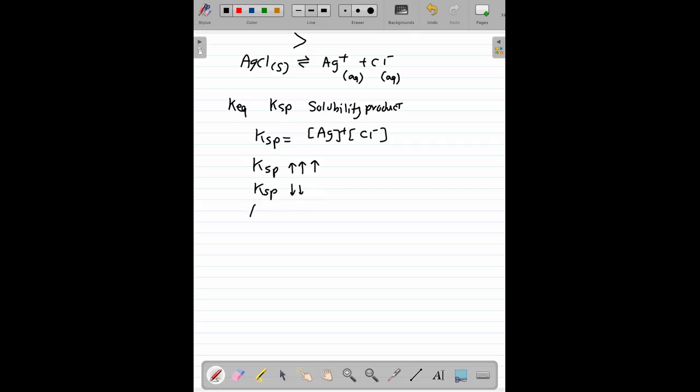When a solid gives ions in a ratio of 1 to 1, like NaCl dividing into Na plus and Cl minus, the solubility product is equal to the solubility squared, or the concentration of each of the two ions multiplied by each other.